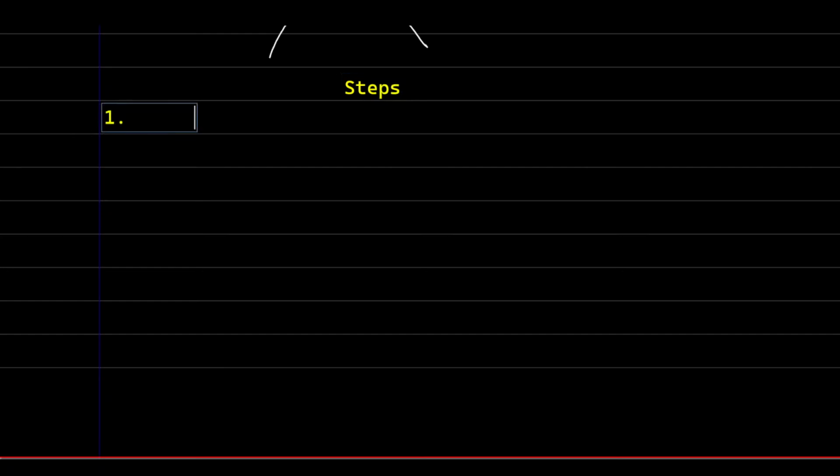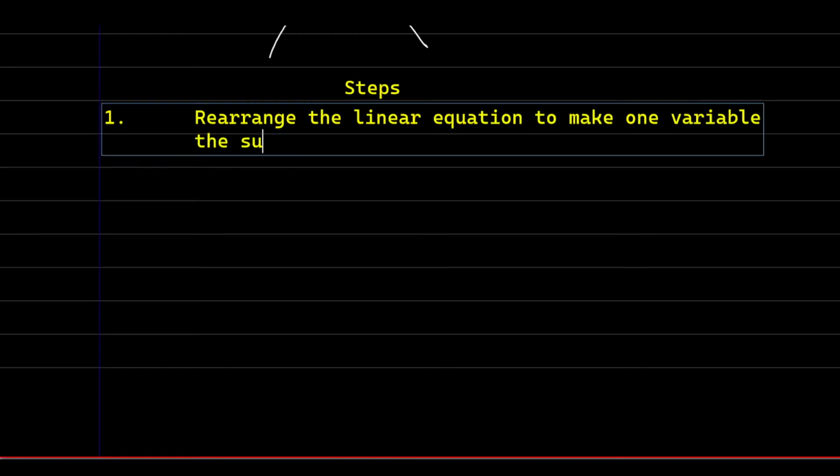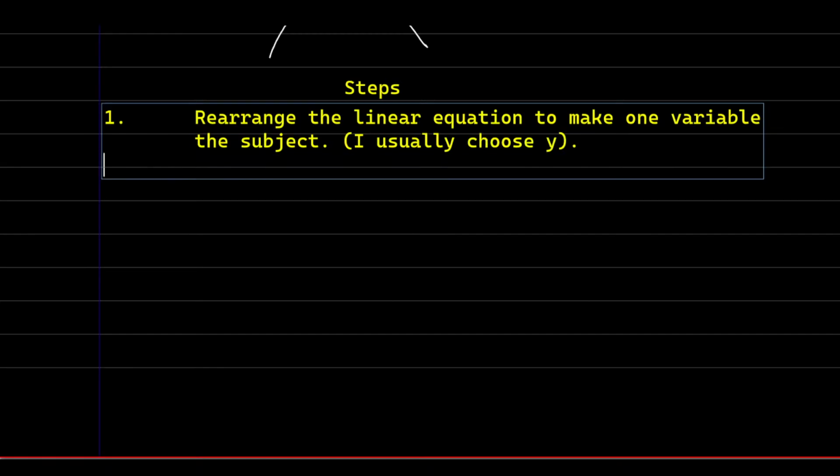Okay, so the first one is to rearrange the linear equation to make one variable the subject. Right? And most of the time I would usually choose y. That's what I usually choose.